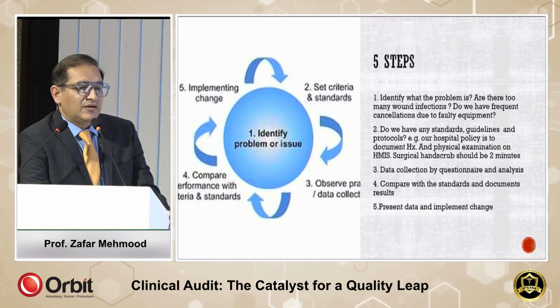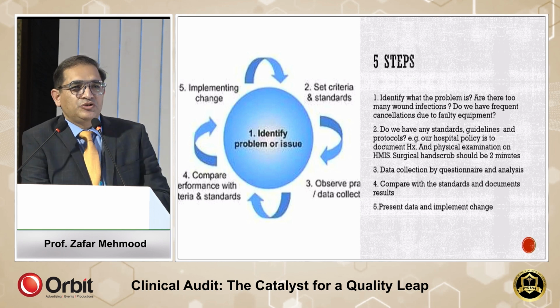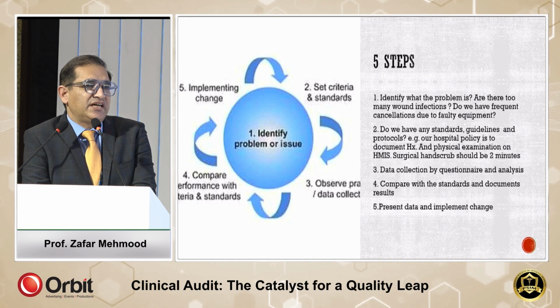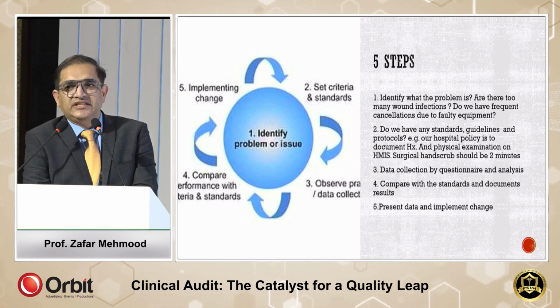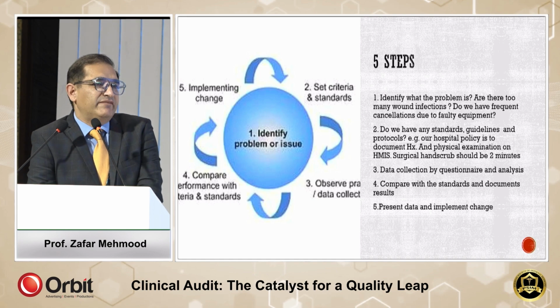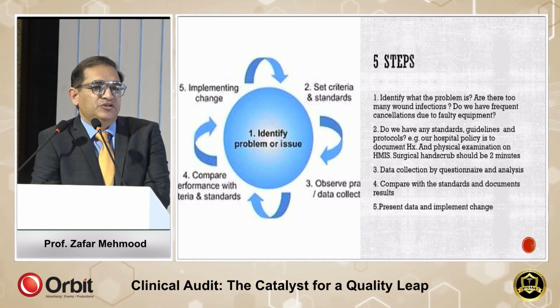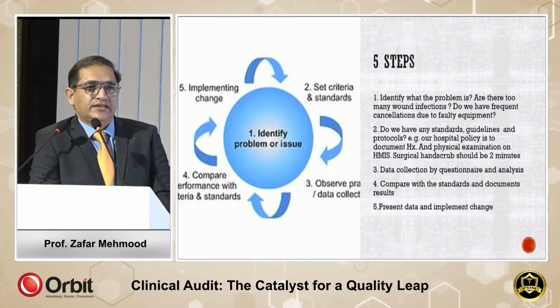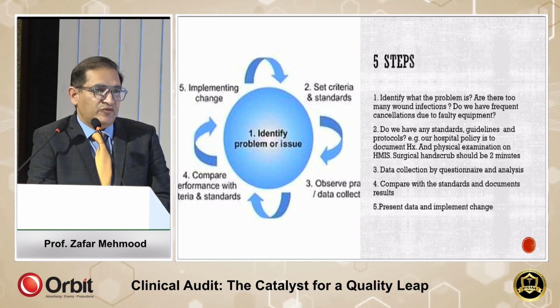So, to do an audit, you first identify a problem, as to what is the problem. Do you have a lot of post-op infections in your clinical area? Do you have a long waiting time, for example, in your clinical setting?